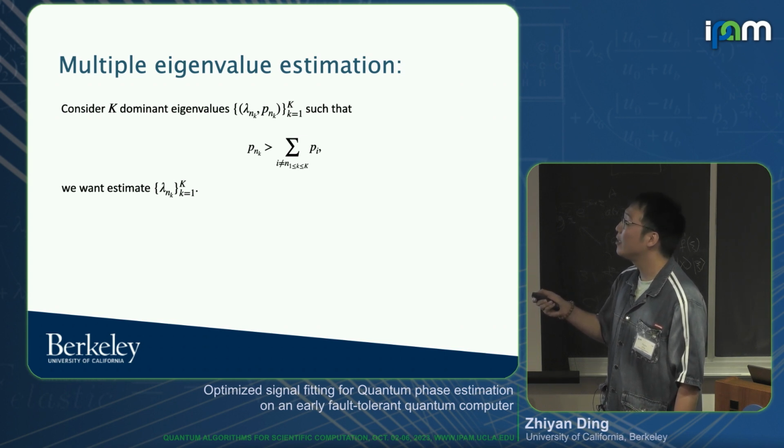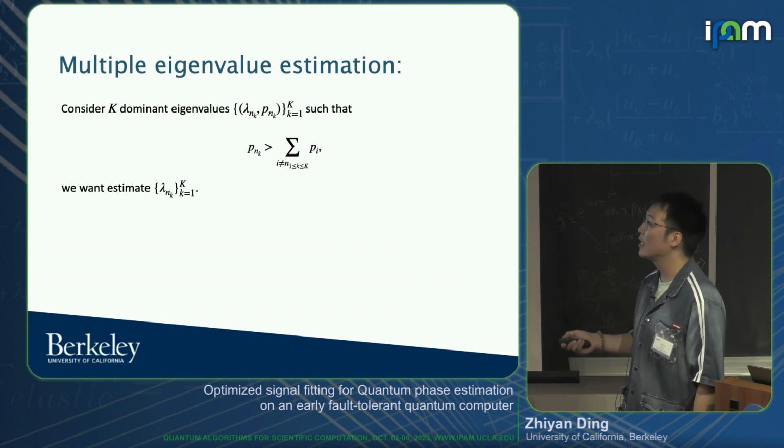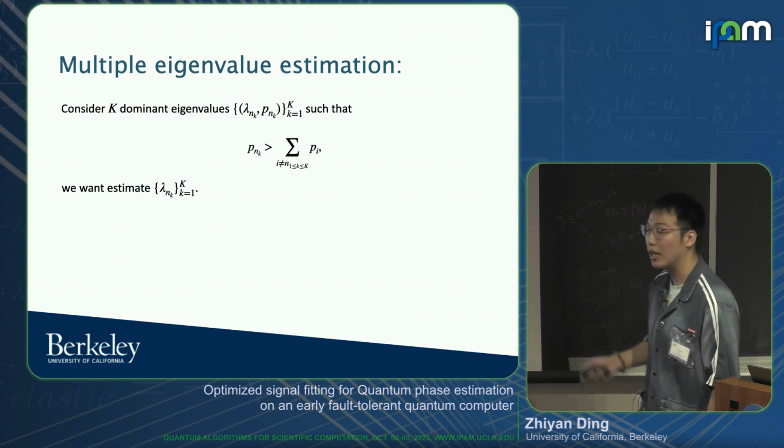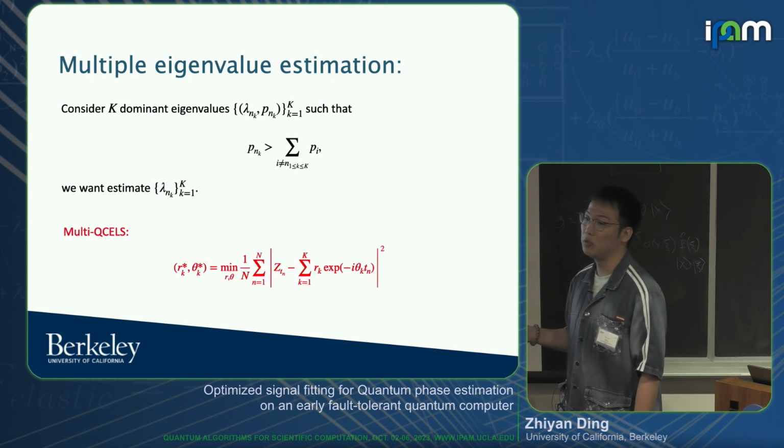And I define it to be the dominant eigenvalue, meaning that for each of these nk, the overlap p_nk is larger than the summation of the residual overlap. Then our goal is to estimate this lambda_nk.